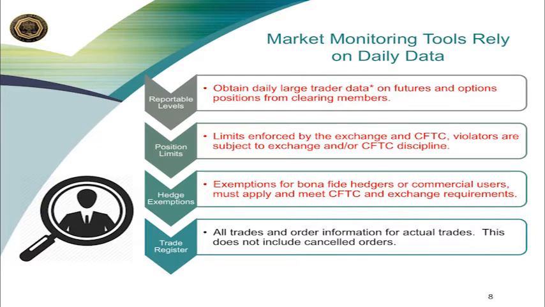Which brings me to position limits and hedge exemptions. Our position limit authority comes from Section 4A of the Commodity Exchange Act. Generally, it says that excessive speculation in any commodity traded for future delivery may cause sudden or unreasonable fluctuations or unwarranted changes in the price of such commodity, and is an undue and unnecessary burden on interstate commerce in such commodity.